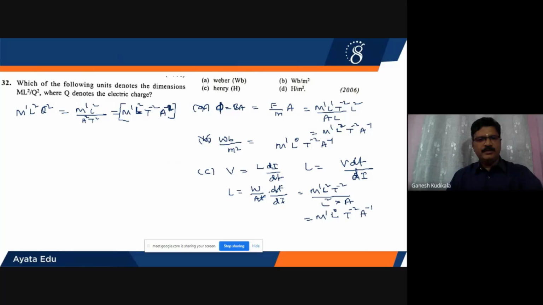So therefore M1 it is L square, M1 L square and Q square. I'm not getting it. Let us work it out once again.